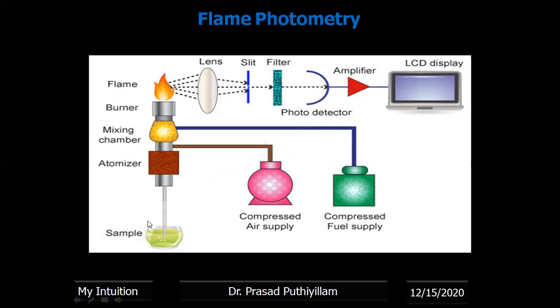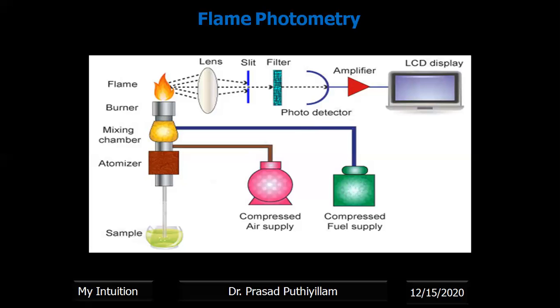The atomizer will suck the sample and mix it with the fuel, a process we call nebulization, and it will be introduced into the flame at a very high temperature, above 2000 Kelvin.